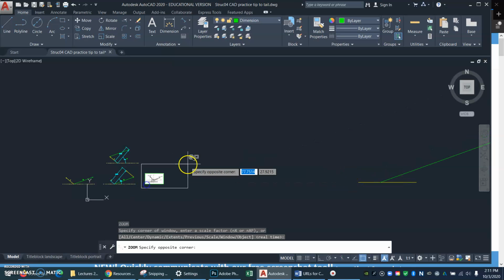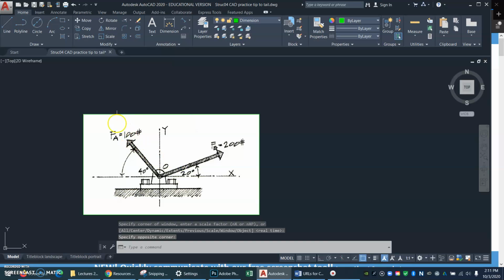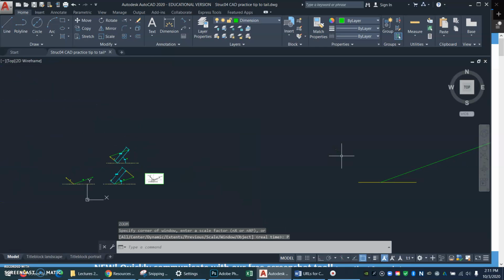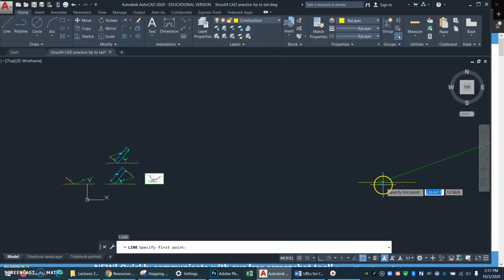Okay, now our other line is 100 long at a 40-degree angle. But watch out, this is tricky. I'm going to come over here and I'll draw, maybe on a different layer, a line.